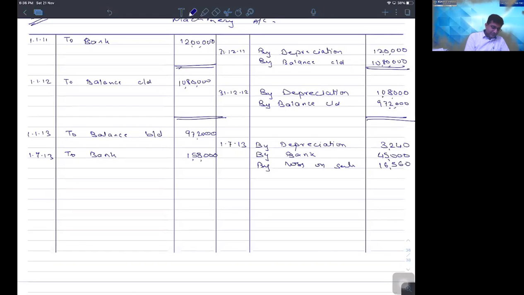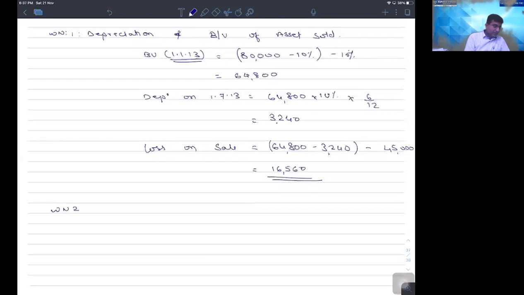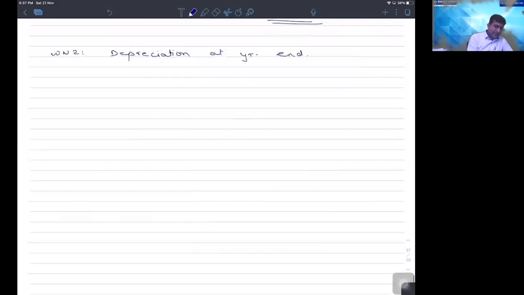Depreciation at year end. Depreciation at year end. Yes or no? How will I calculate the depreciation? First on opening balance, on assets from opening balance.